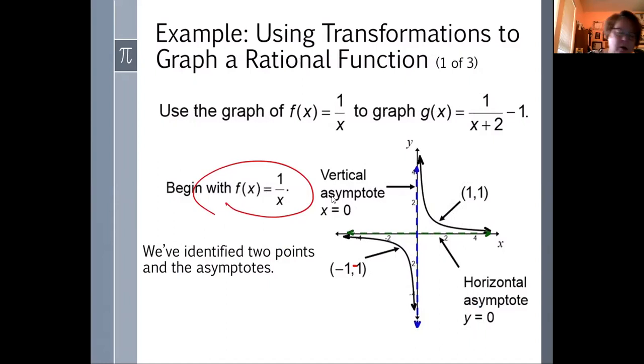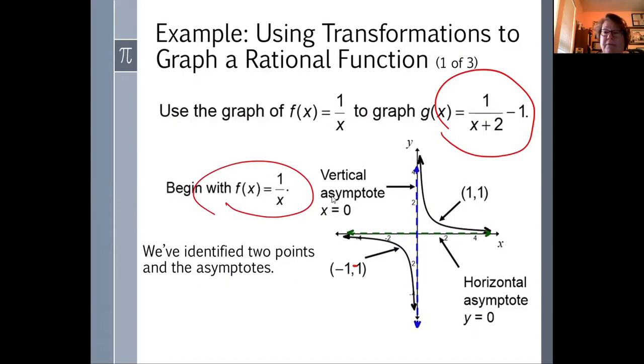Now, from our transformations from chapter 2, we do know that we have a couple of transformations going on here. Remember that if you add a value to x, that's a horizontal translation to the left. If you add a constant, you translate to the left. If we subtract a number from our function, that is a vertical translation down.